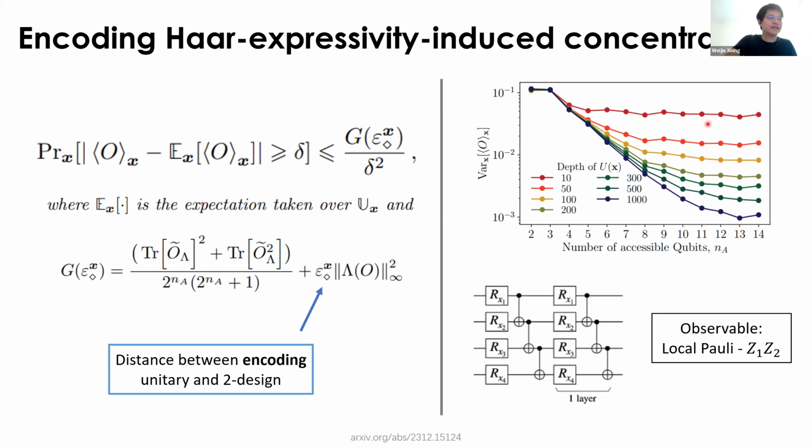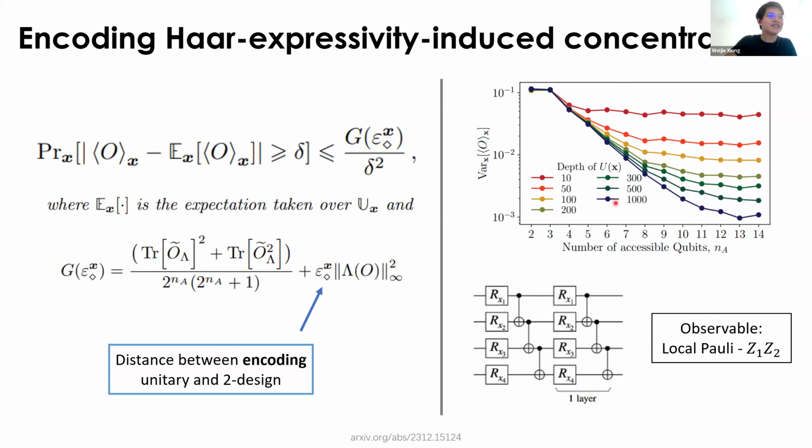For this, the numerics for this chart is based on an assumption of random Pauli rotations, random single rotations combined with CNOT gates, and we consider this set as 1 layer. Basically, if you increase the number of layers here, then the whole unitary will become closer and closer to the 2-design.